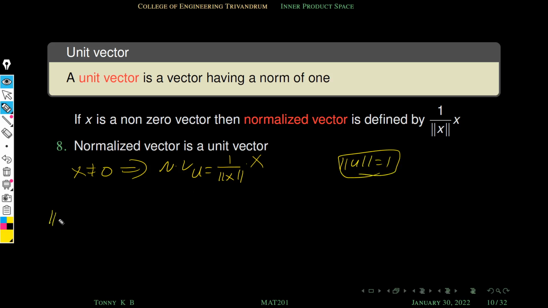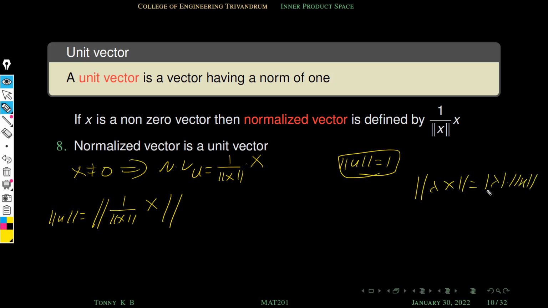So you simply consider norm u. By definition, this is equal to the norm of (1/norm x) times x. We have a property of the norm: norm of λx is |λ| times norm x. So this is equal to the modulus of 1/norm x, times norm x. And what about the modulus of 1/norm x? That is 1/norm x itself.